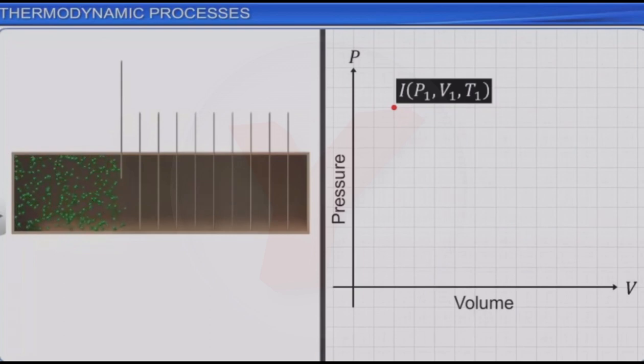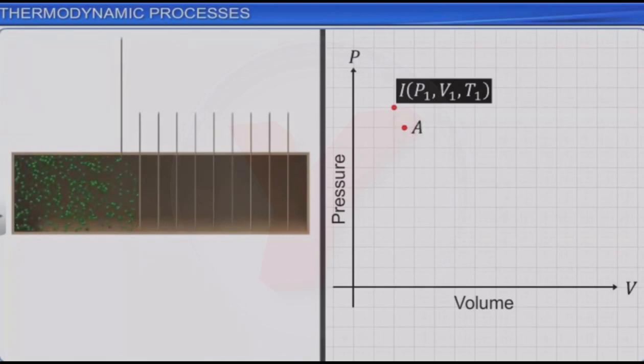If the first partition is removed, the gas quickly expands and there will be a small change in the pressure, volume, and temperature of the gas. Since the changes are very small, the system quickly attains a new equilibrium state. The new equilibrium state can be represented in a PV graph by point A as shown.